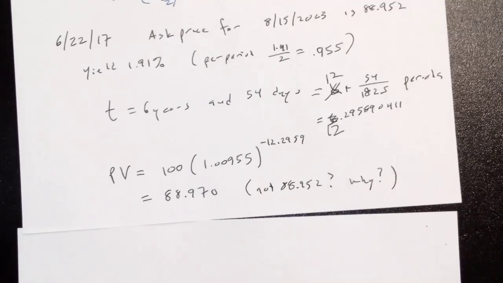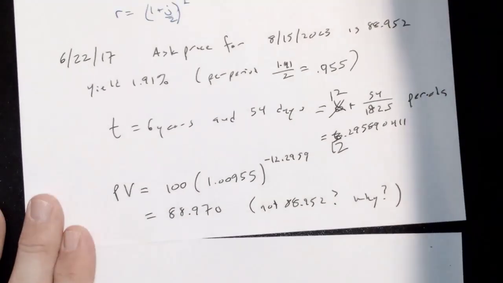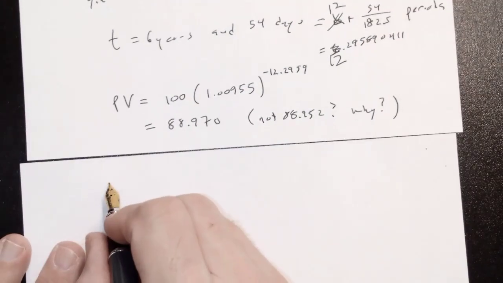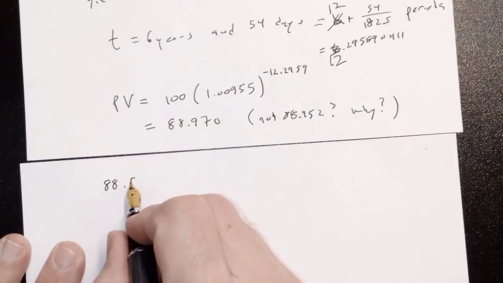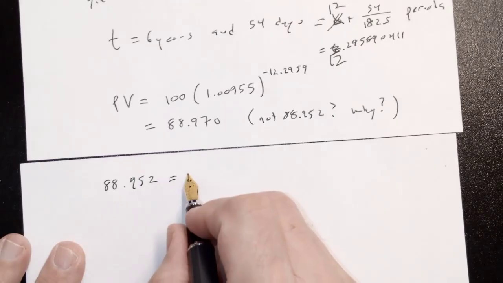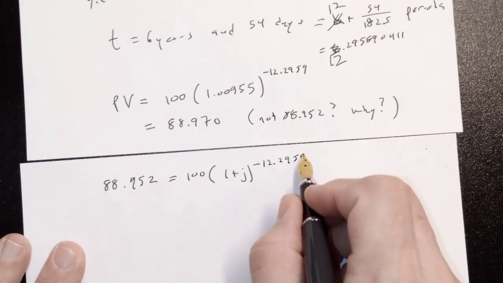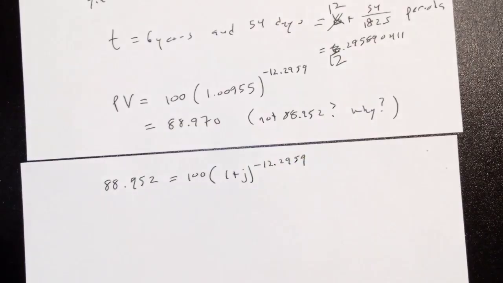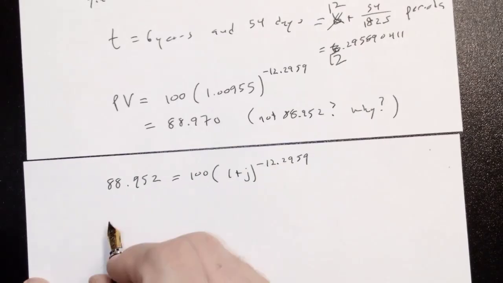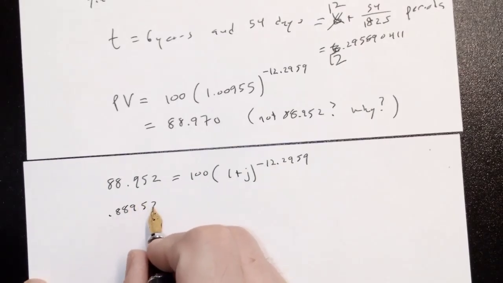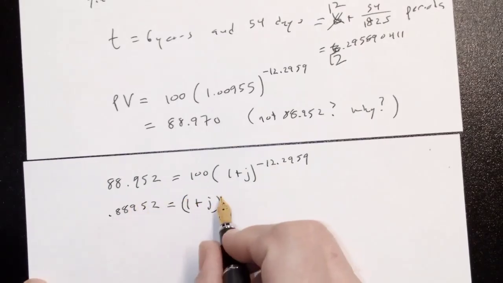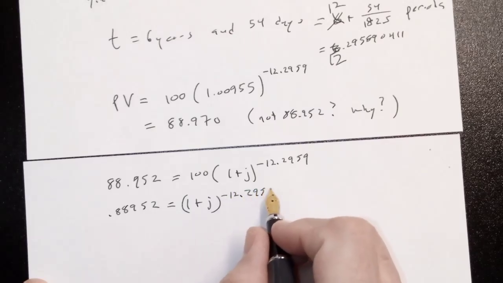Realistically, 1.91% is rounded to 2 decimal places. And that's part of the problem. If I actually solve for J, 88.952 equals 100 times 1 plus J to the negative 12.2959, I can actually solve this. 0.88952 equals 1 plus J to the negative 12.2959.